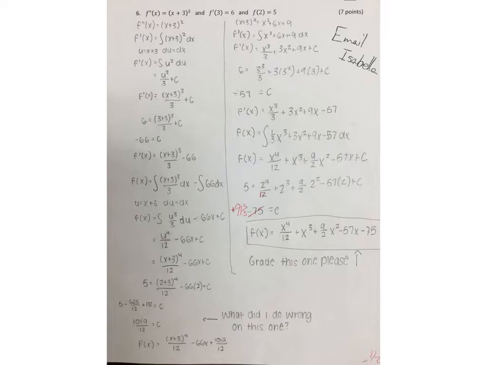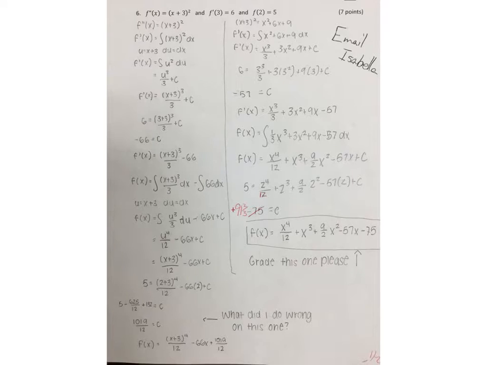So, here was from our last formative quiz, and Isabella tried the problem where I gave you the second derivative, a point on the first derivative, and a point on the original function, and you had to integrate and then plug in the point on the derivative to find c, the constant in the derivative. Then you had to integrate that and plug in the point on the original function to find the constant on the original function.